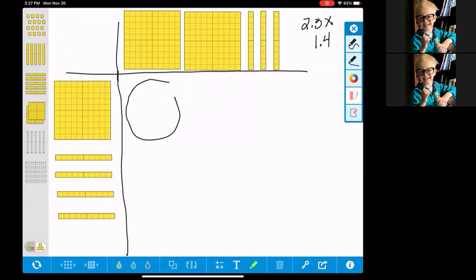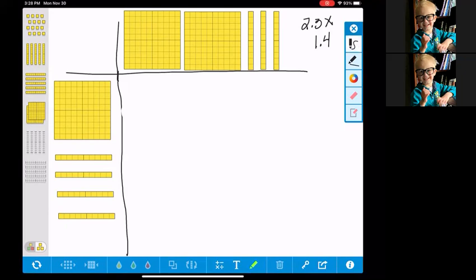We see this in the way of a grid or an open array, and you can multiply it, exactly equivalent to this idea of partial products. But I want you to see how we can think about it with the blocks.